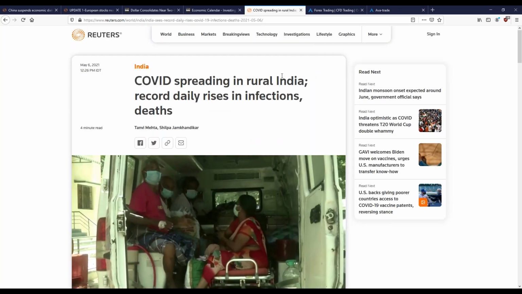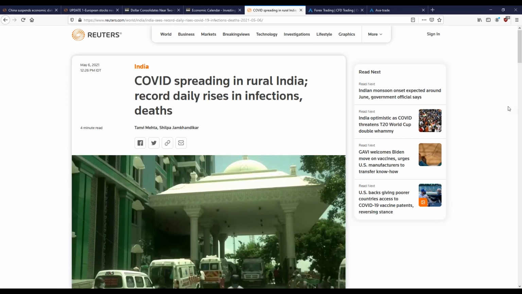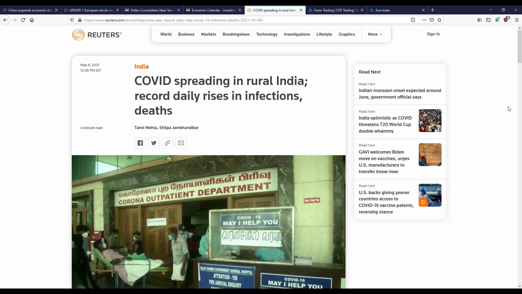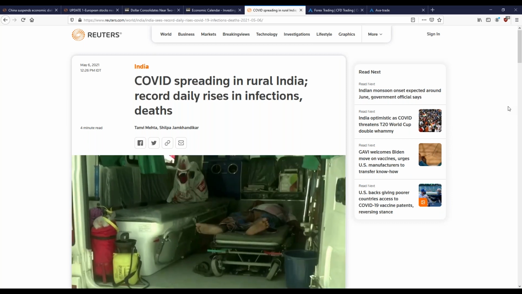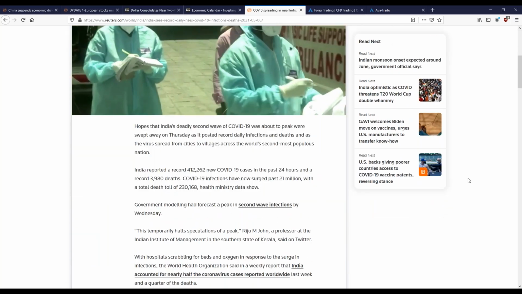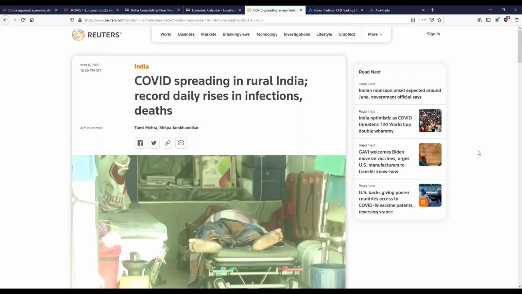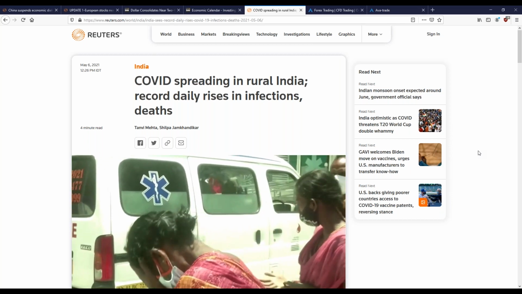All right, so some potential thorns that could come on all this positive momentum. COVID spreading in rural India. They already said yesterday there was a record number of cases. Now today there's another record number of cases. Record daily rises in infections and deaths. Not good news out of India. And as bad as it is for them, things could get worse if that spreads to other areas around the world as well, if this new strain is not contained with the current vaccines, if the current vaccines aren't effective against it.